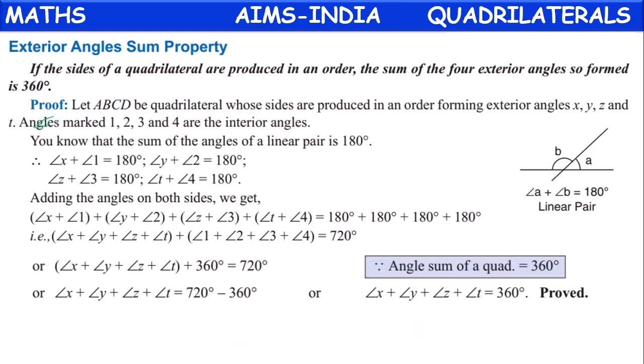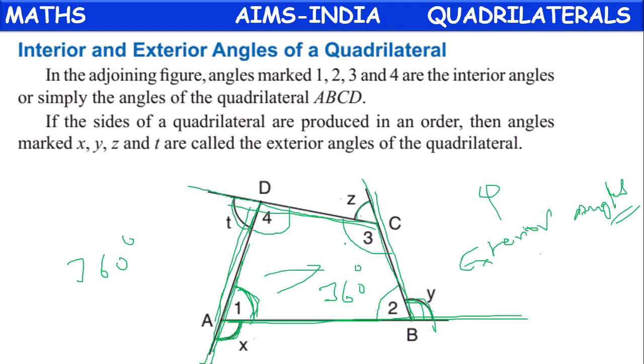The proof is: let ABCD be a quadrilateral whose sides are produced in order to form X, Y, Z, T. Angles 1, 2, 3, 4 are interior angles. X, Y, Z, T are exterior angles.